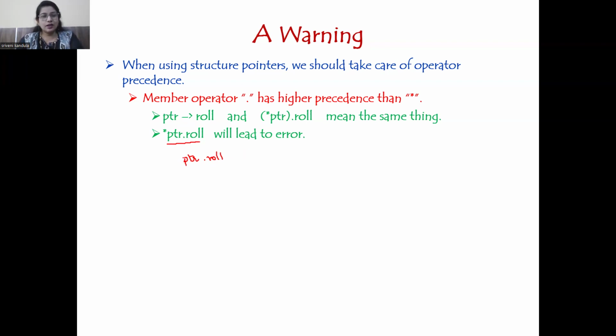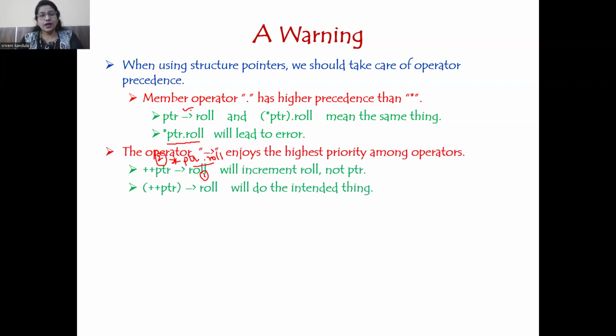Then you have the star operator. First the dot operator will work, and then the compiler will see the star operator, but by that time the error will already be generated. So we should be careful when using this particular notation. Always enclose star ptr in parentheses followed by a dot operator. To avoid this difficulty, mostly we will go with the arrow notation only.